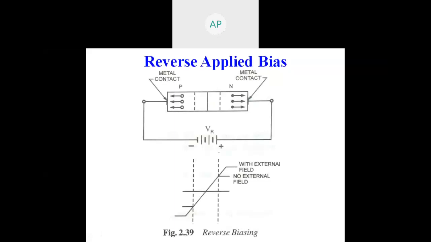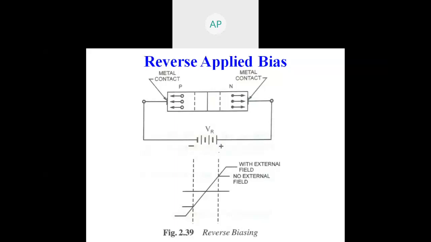So finally we can say that during the forward bias condition, current flows, and during the reverse bias condition, current never flows. So we can say that the PN junction diode simply behaves as an on and off switch.